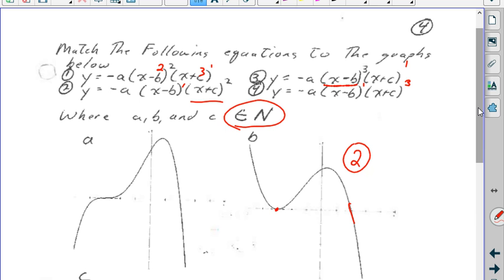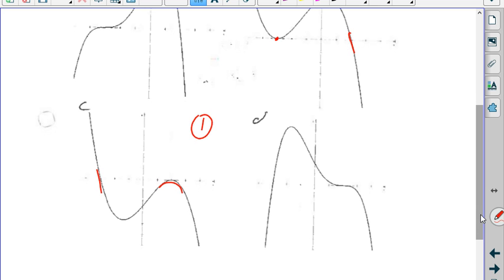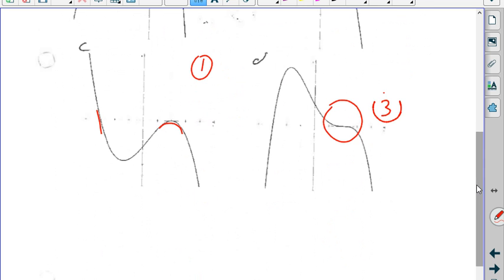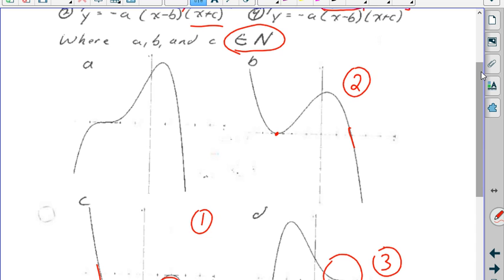We have a root with a multiplicity of 3. Tells me I have a point of inflection. And the (x minus b), (x minus 2), that's on the right-hand side of the y-axis. So now we just have to find the point of inflection on the right-hand side. Well, that would be this one here. So this is graph 3, and by process of elimination, graph 4.